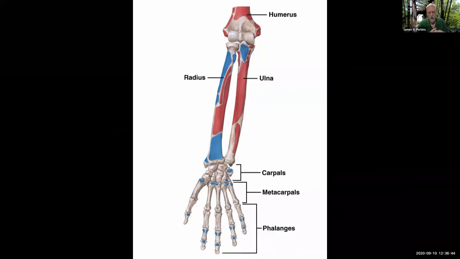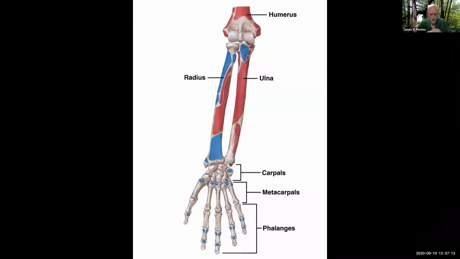By the way, there are actually only 2 carpal bones that really form the true wrist joint. We'll describe these next time in more detail, but you may be able to look closely at this and see that only 2 of those little carpal bones are actually making contact with the distal end of the radius. And that's the main joint where most of the movement of the wrist occurs.